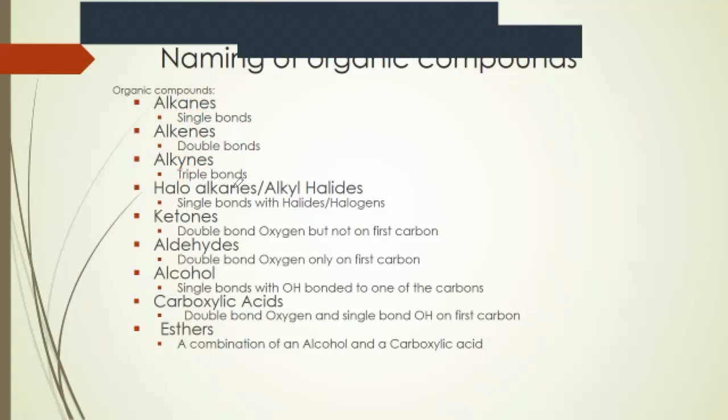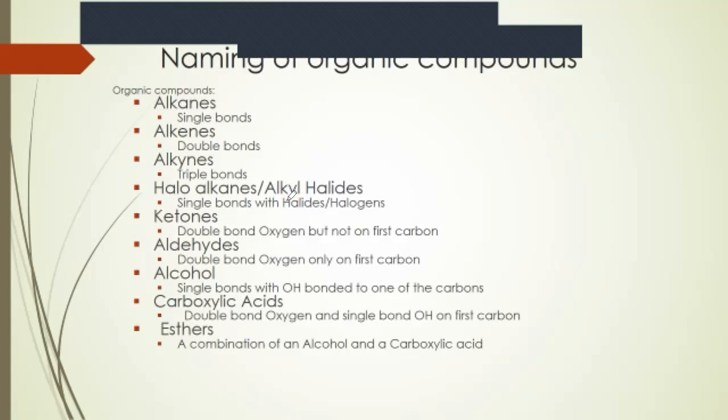Then let's go to your haloalkanes, your alkyl halides. The moment you see this part, "alkyl", you must be thinking of something like a side chain. Your methyl, ethyl, propyl, and in ethyl ethanoate, there's that ethyl, which means this is a side thing.